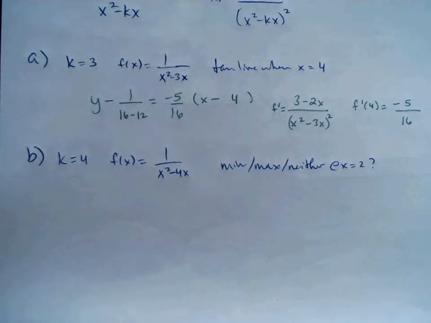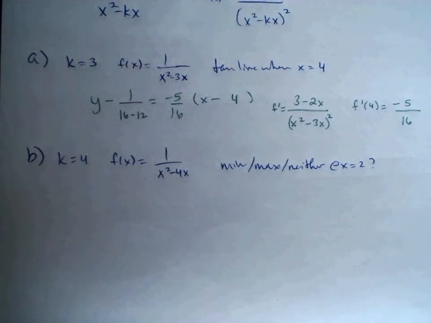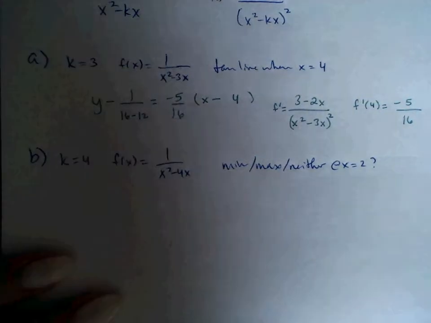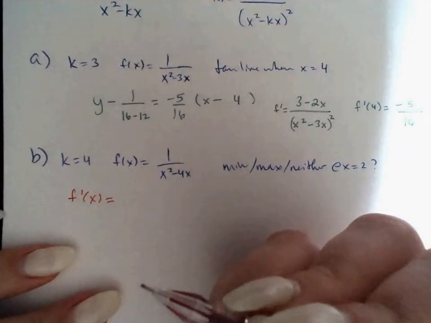Okay, let me think. How would I want to do this? Might just find the second, or deal with the second derivative and talk about sign chart. Or sorry, first derivative. I don't think I want to find the second derivative.